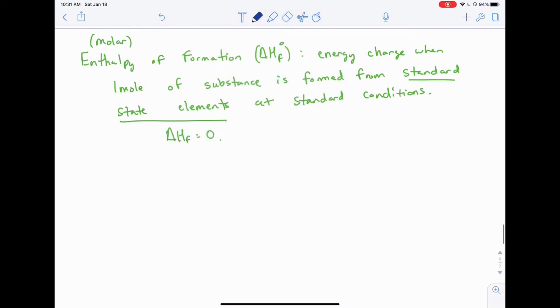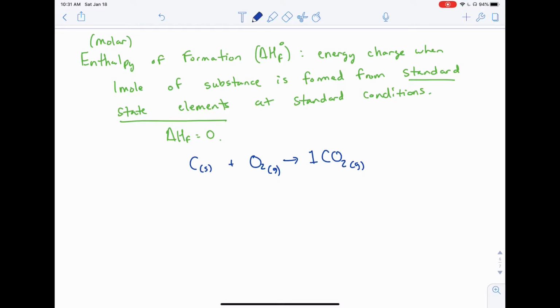So if I ask for the formation reaction of, I don't know, carbon dioxide, okay, that means I would make 1 mole of carbon dioxide gas from 1 mole of solid carbon and 1 mole of O2 gas. Standard state, so that diatomics apply, everything has to be balanced. And the rule is 1 mole of product.